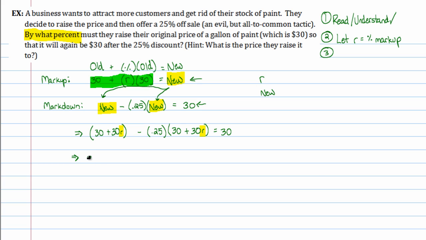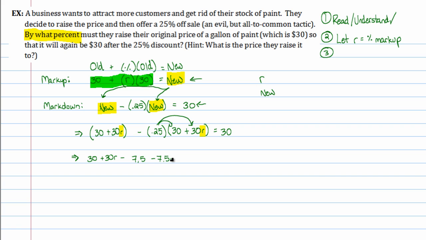So we'll clean up each side. 30 plus 30r. There's nothing to really clean there. Minus, and then I'm going to distribute this 25% here. I think that it's going to be 7.5. And remember, the negative also distributes, so it's going to be a negative 0.25 times 30, and another negative 0.25 times a positive 30r.